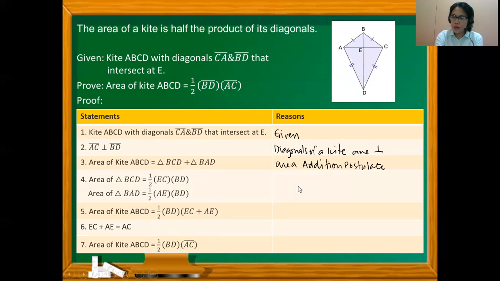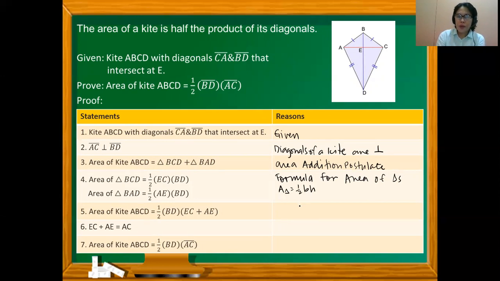And this is about formula for area of triangles. And again, what's the area of a triangle? This is 1/2 times the base and the height.